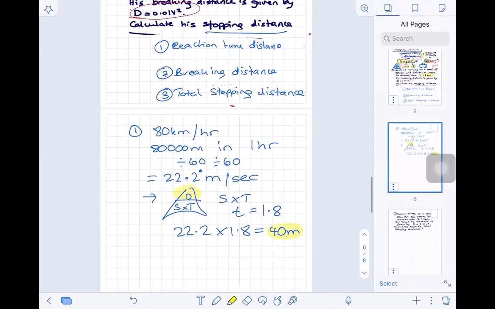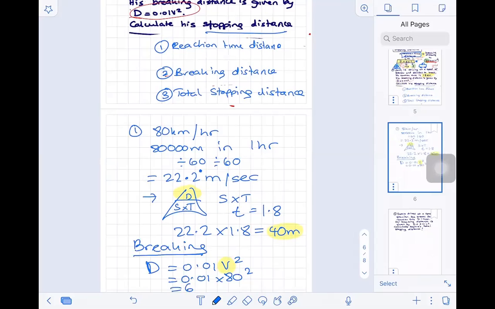Okay, so then you've got the braking distance. This is if you're going at this speed. We need to use the formula, 0.01 V squared. Replace the V with the speed. So 0.01 times, now the speed was 80, that's 80 squared. 0.01 times 80 squared equals 64.